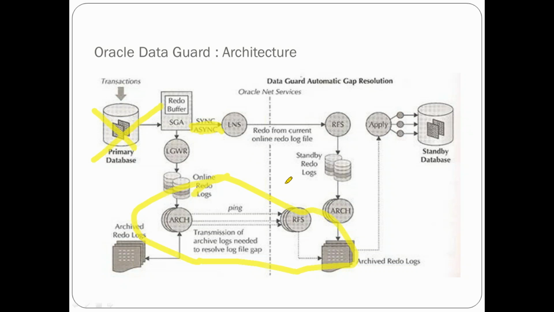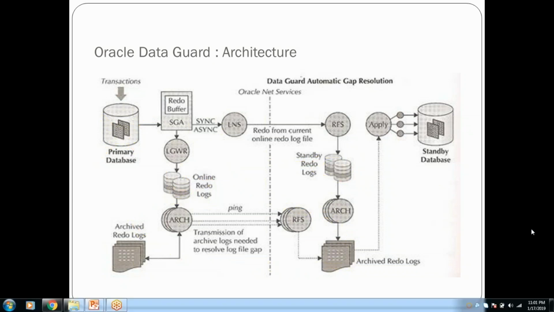So we always configure sync mode in production databases, but we have to take a 2% to 3% performance hit, because the commit will only occur in the online redo log files until the time the commit occurs over here. So this and this will have the same commit time.